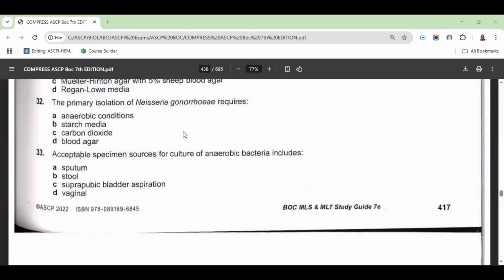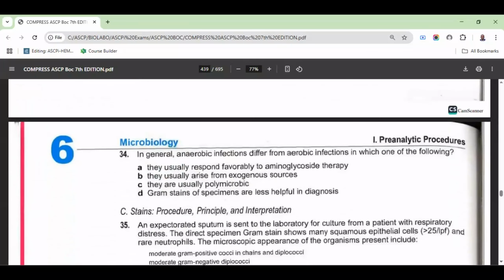Okay, then we go for 35. Not 35, 35 is a part of another section. Probably, because of time, we can continue tomorrow, God willing, if possible.